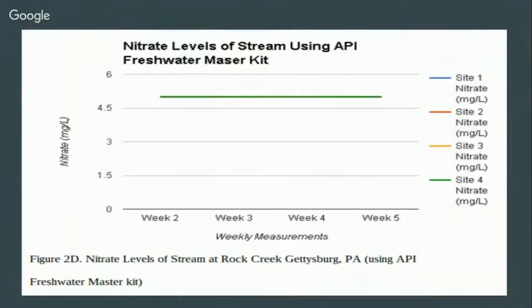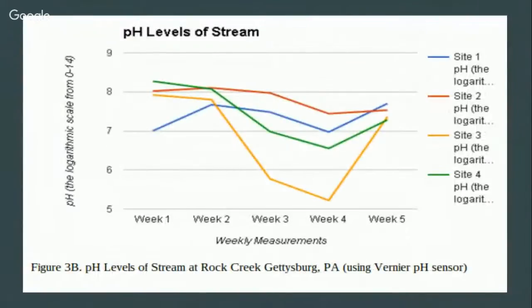This is the nitrate levels of the stream at Rock Creek using the API Freshwater Master Kit. This is the pH graph of the levels of the stream at Rock Creek using the Vernier pH sensor. pH starts off slightly basic, but becomes more neutral during the testing period, except for Site 3 during week 4.